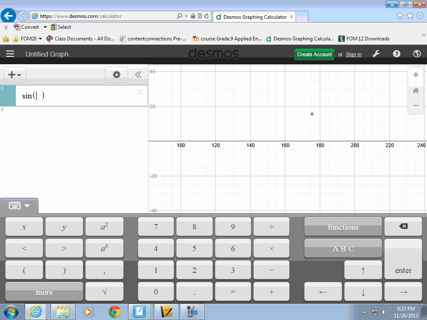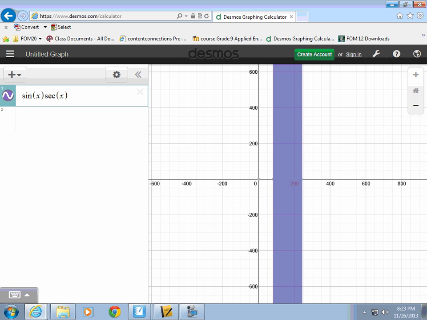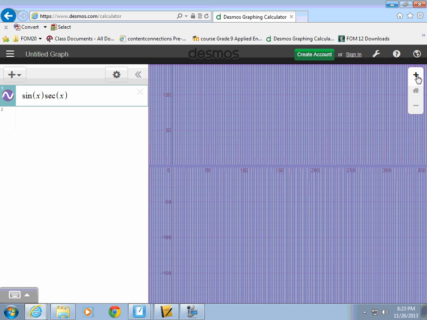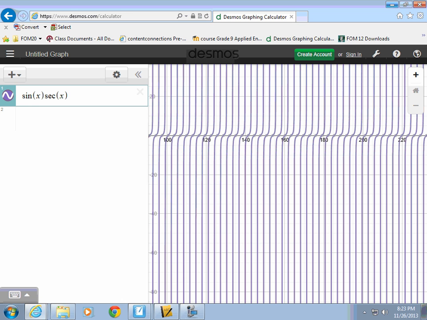So I do sin x times, what is it? Secant x. And there you go, you can see you have a tangent graph, and my zoom is a little wild. So anyway, you can see that it made a tangent graph, so I know I'm right.